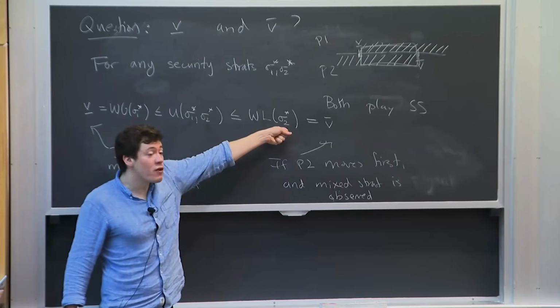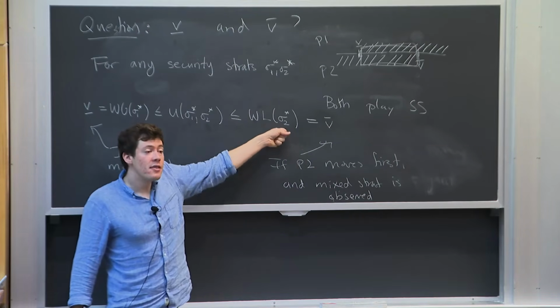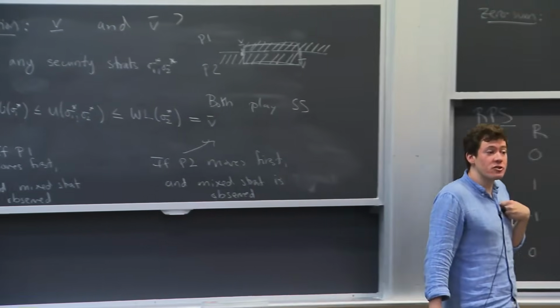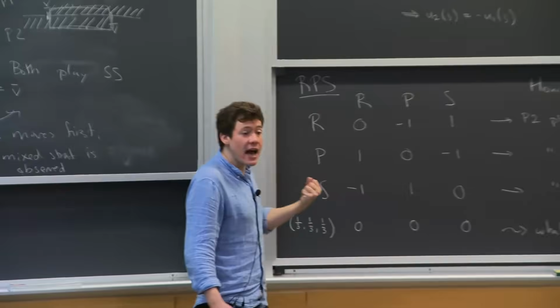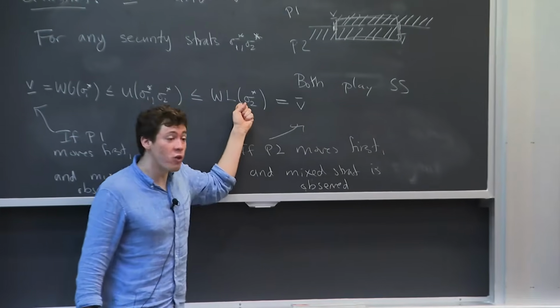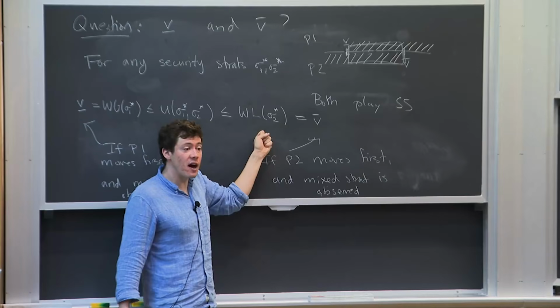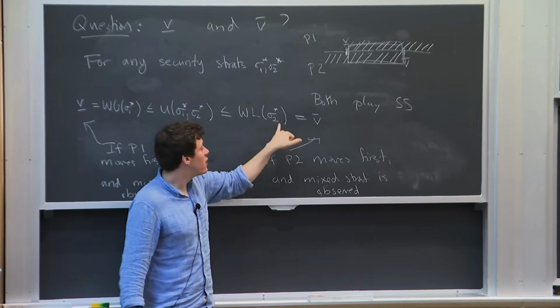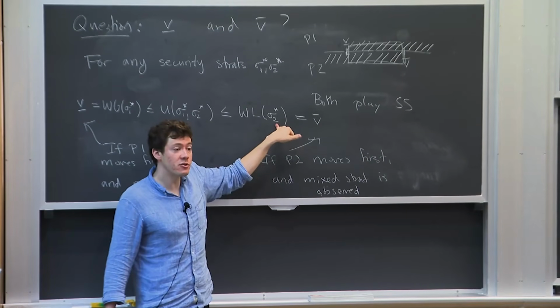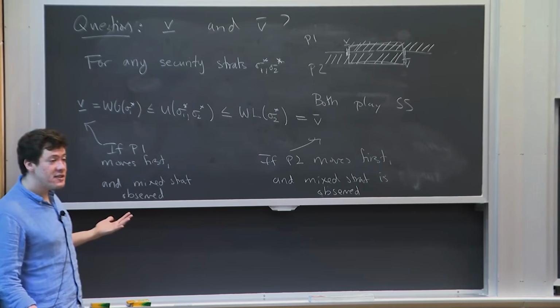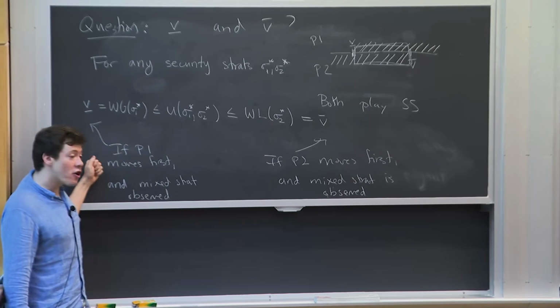If I observably choose sigma 2, then my opponent, player 1, is going to try to make my loss as player 2 as large as possible. They're exactly going to induce my payoff of the worst case loss. Anticipating that, I want to try to make this worst case loss as small as possible by playing a security strategy, sigma 2 star.